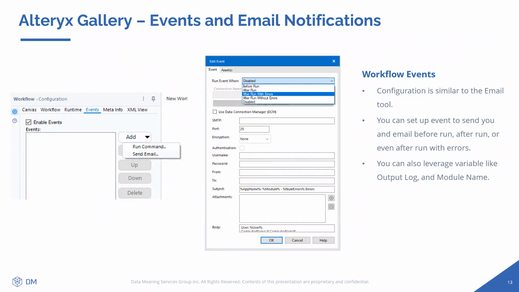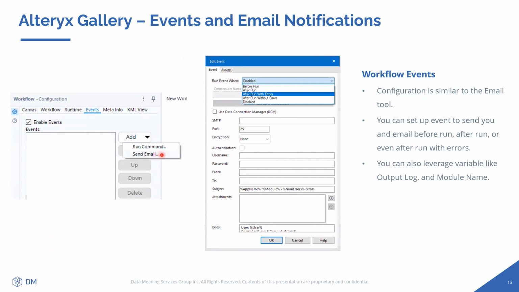If you click on the white area somewhere in the workflow, you're going to open this view here. On the left side, you go to the events tab, you click add, and then you have two options: run command and send email. The run command is for more experienced users who are familiar with the CMD command prompt. They can create bat files to run something on the computer.